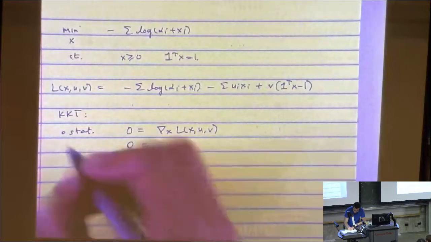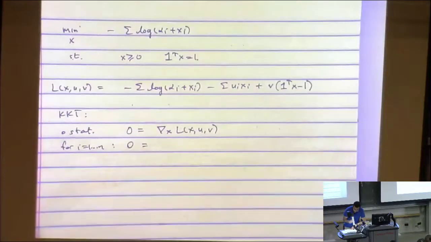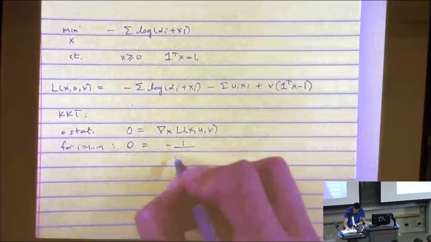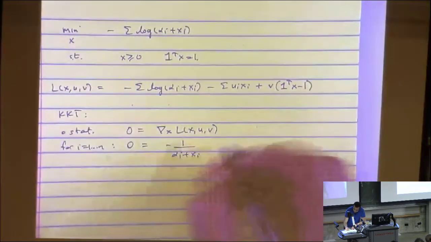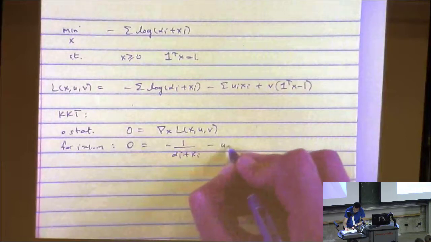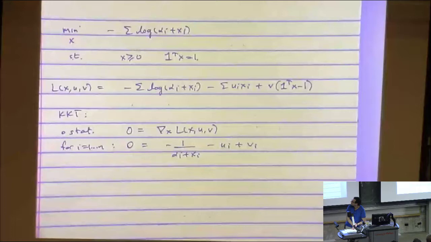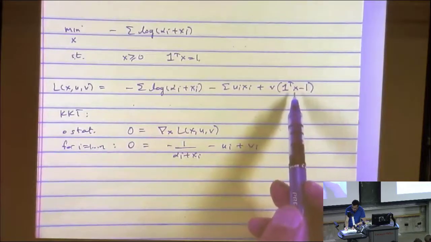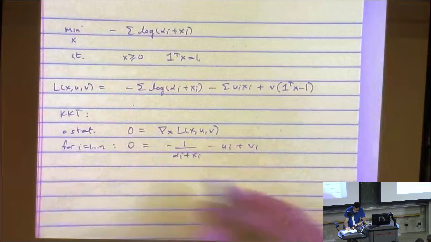So for i equals 1 through n, the following condition must hold. The derivative of this with respect to x_i is the negative of 1 over alpha_i plus x_i, minus u_i plus v_i. Because this is like the sum of the x's, if I differentiate with respect to x_i, I just get 1.